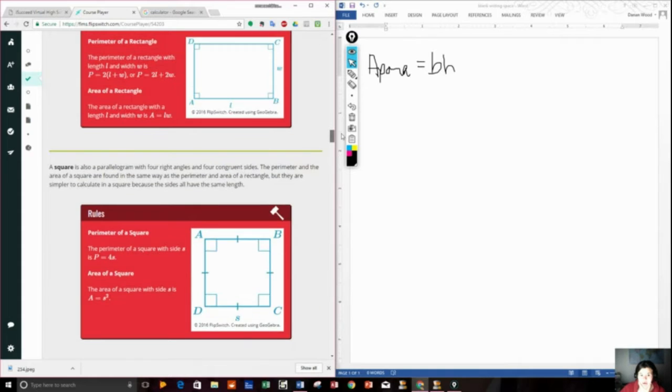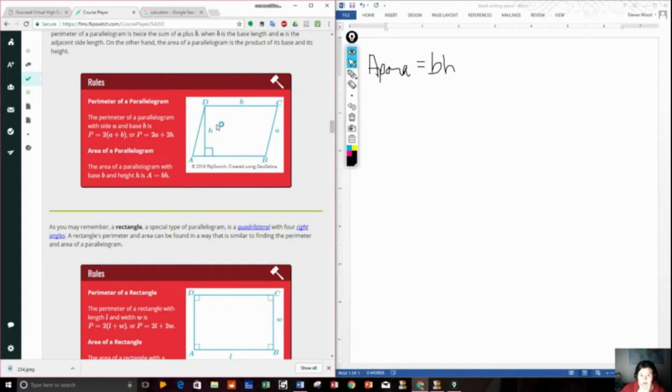And so you would go down here, area of a parallelogram, it is our base times our height. Now if you notice, the height is not one of the side lengths because the side length is on an angle. It's not the true height of the parallelogram.